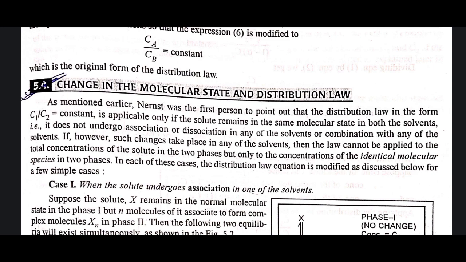If, however, such changes take place in any of the solvents, then the law cannot be applied to the total concentrations of the solute in the two phases, but only to the concentrations of the identical molecular species in the two phases. In each of these cases, the distribution law equation is modified as discussed below.